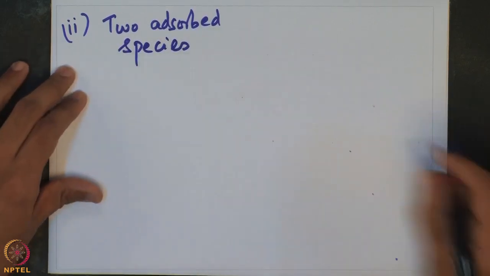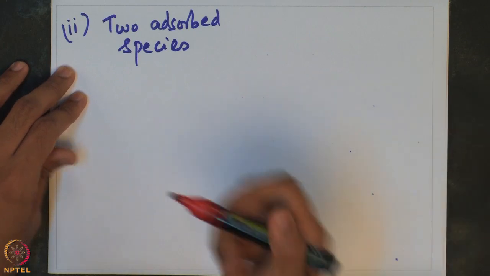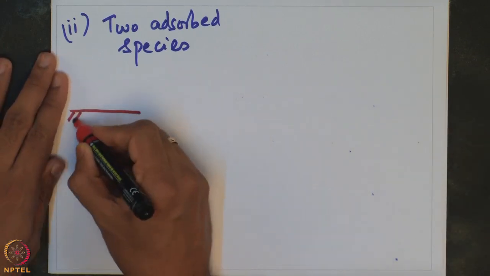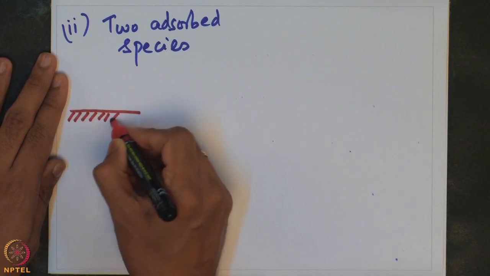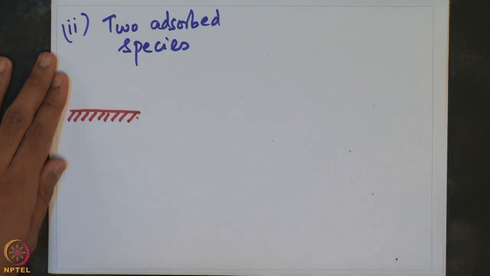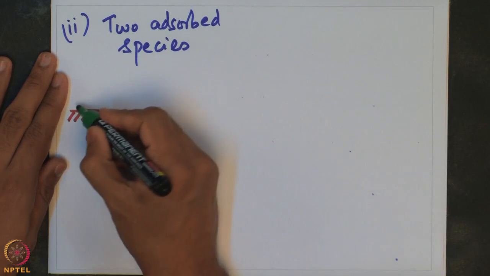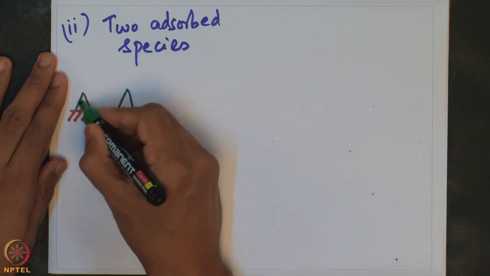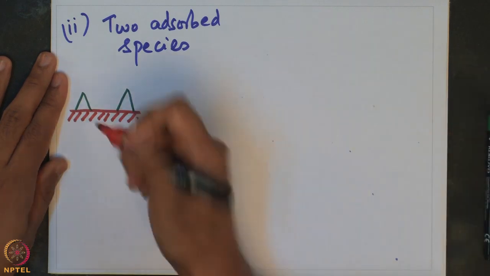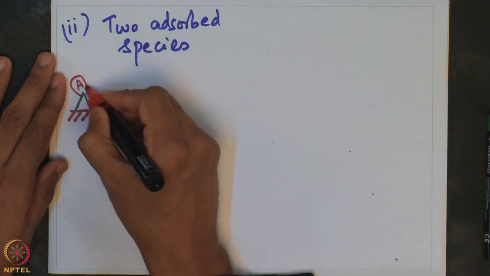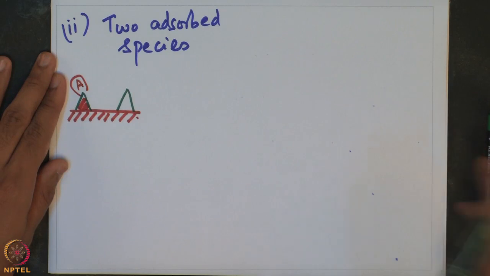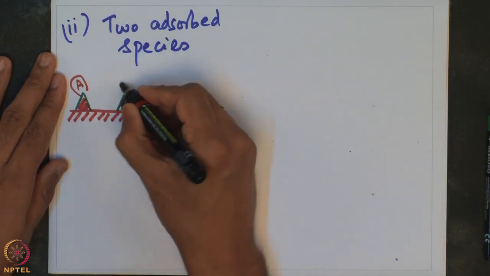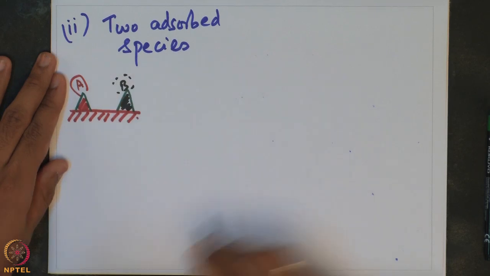that are participating in the catalytic reaction, and this can now be represented as, suppose let us say this is the catalyst surface and we have two sites where you have, let us say, species A sitting here and species B is occupying this site.